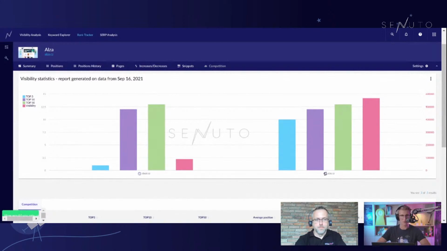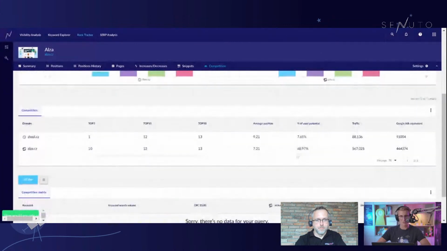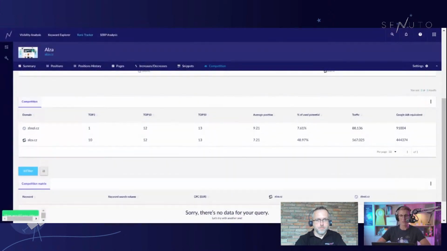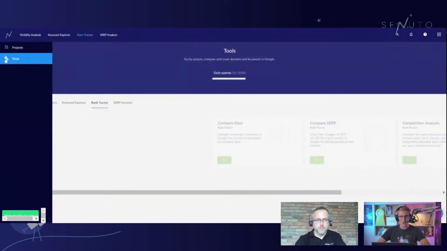So I think in the next 2 weeks we will have a new webinar going deeply into the competition analysis, and we will see how zboży.cz manages against Alza, not only regarding the position, but also the average position. We also see the used potential. Of course, this is only for example keywords. If you are wondering what keywords I used, you can write to me, and I will tell you what keywords are presented here.